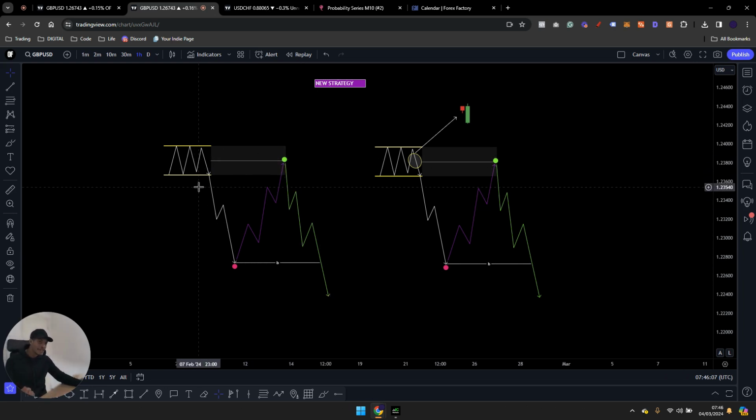This expansion is actually a directional bias, okay? And this makes things so much simpler because you're not guessing, right? The market has given you a clear indication of the directional bias. So you're not guessing, you're just waiting for the market to show you what direction you have to go in, right?